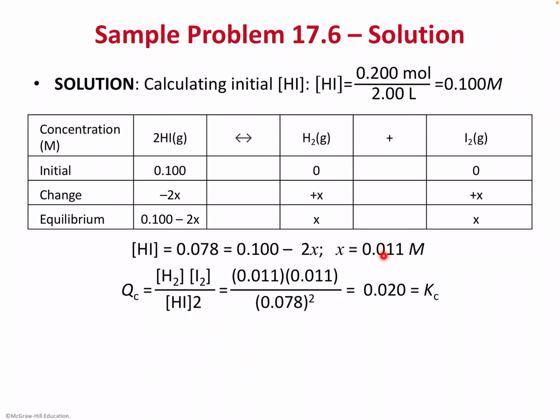So we found X 0.011 times 0.011 over 0.078, which is the equilibrium concentration of hydrogen iodide raised to the power 2. Okay, that gives you the Kc value. That's another way that you can solve Kc from given data.